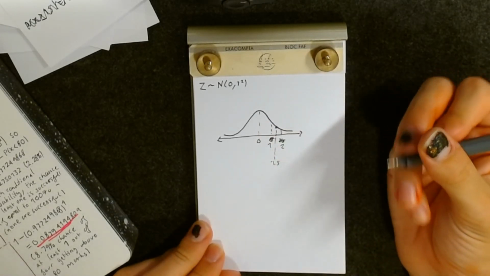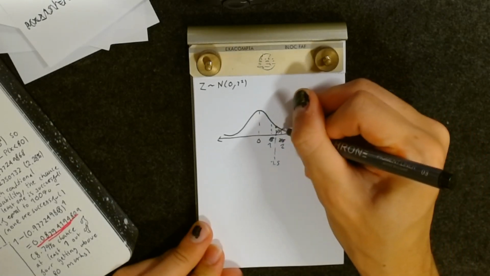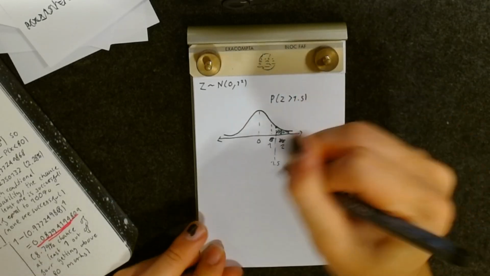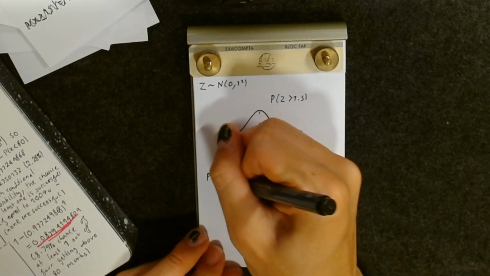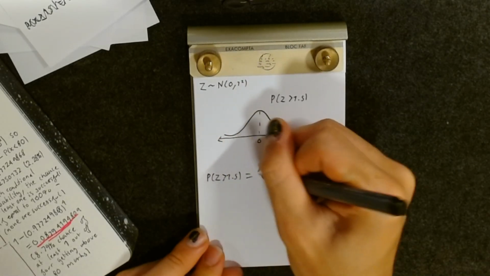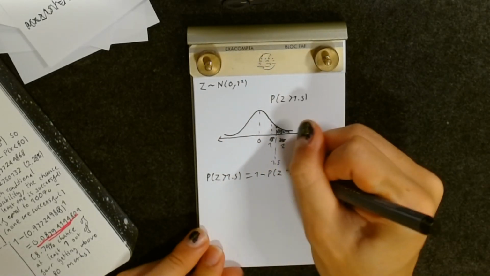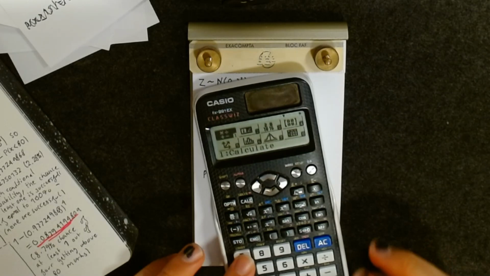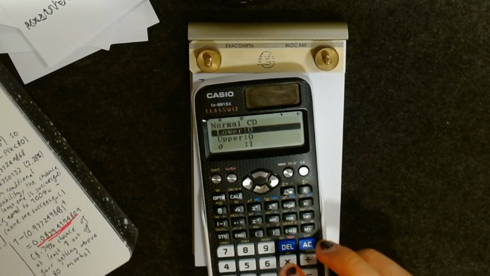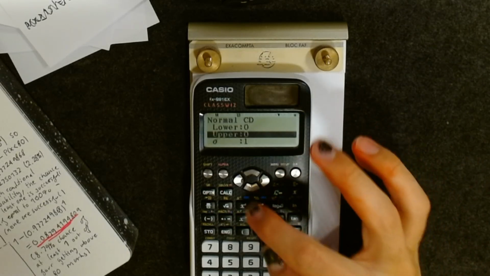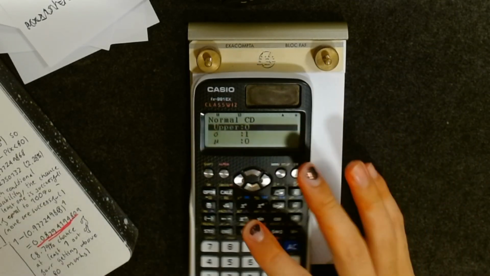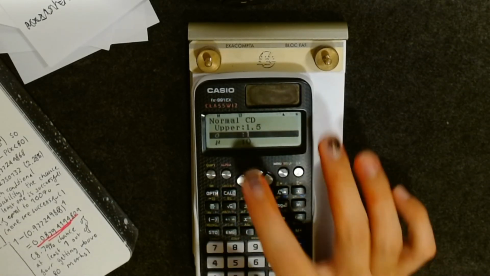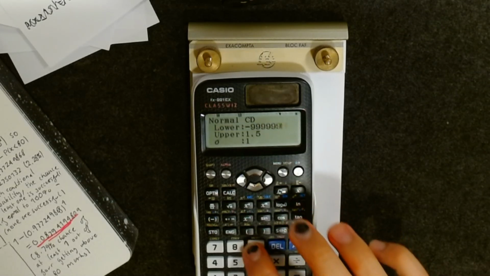Now, what is the question asking? Exceeds the mean score. So we are asking for everything above this. Probability that z is larger than 1.5. And as we remember, larger than corresponds to 1 minus less than 1.5. Let's go back in. Thankfully, the calculator is normally set up for the normal distribution, so I've got my mean and my standard deviation already set. What we're going to do is put in 1.5 for the upper, and then for the lower, we're going to do as negative as we can go.